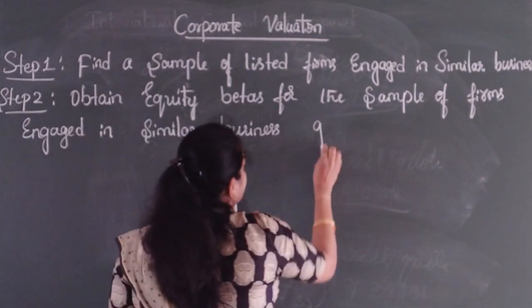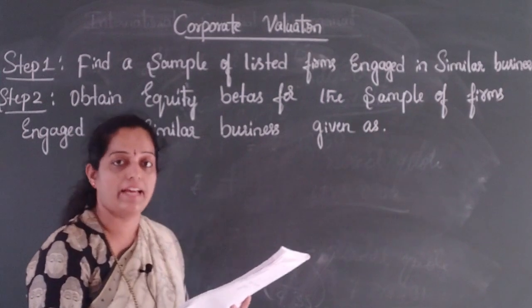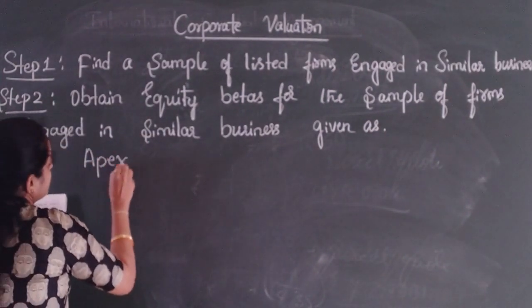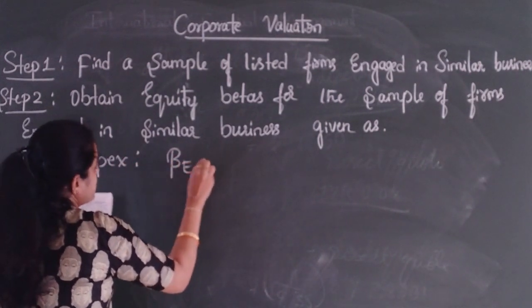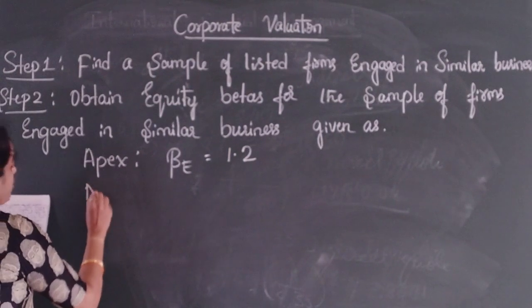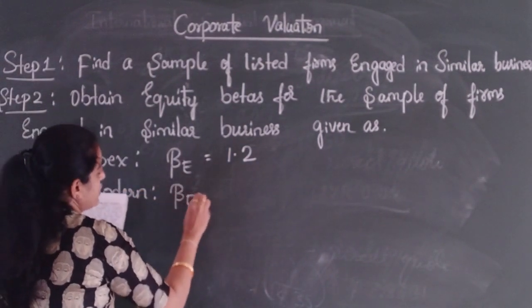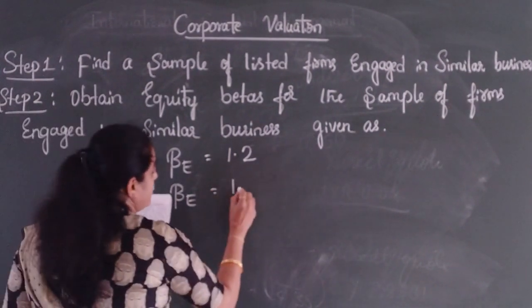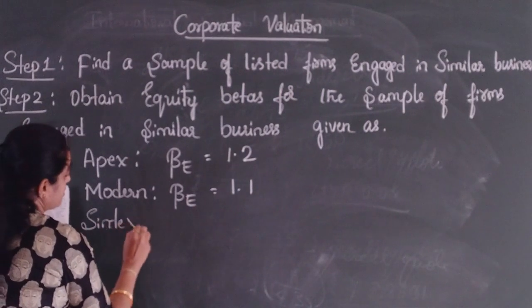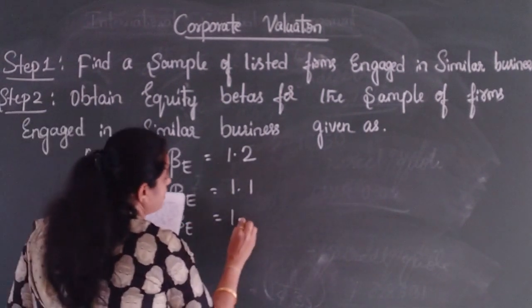So given as: Apex beta E is equal to 1.2, which is given in the problem. Modern Chemicals beta E is 1.1 and Syntex beta E is 1.05.